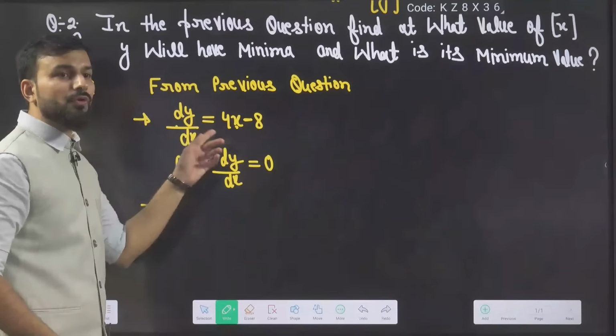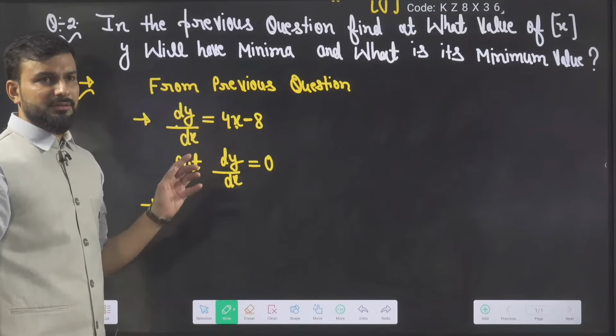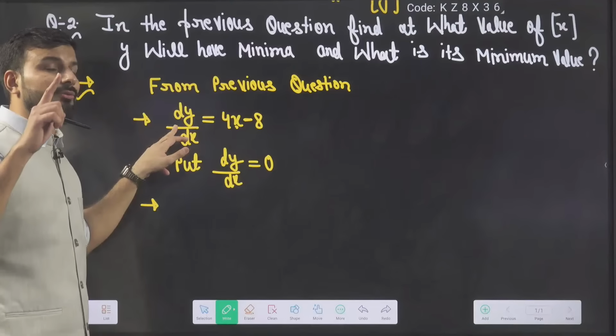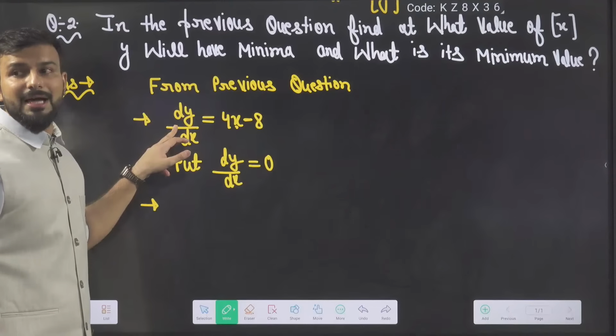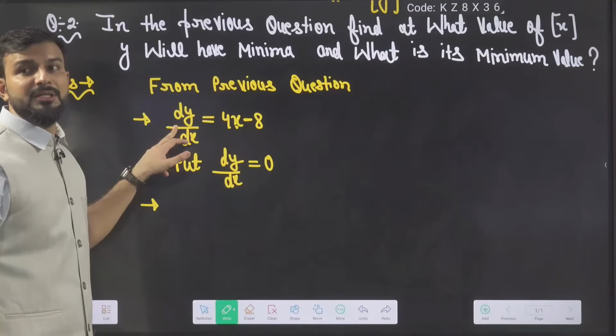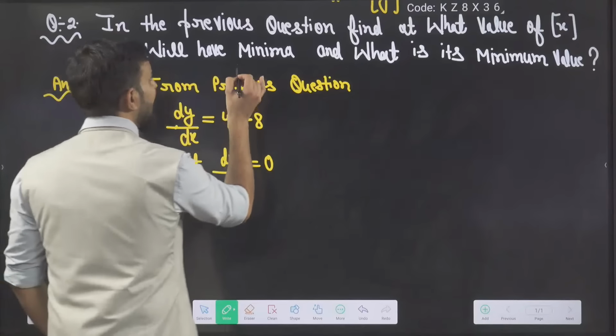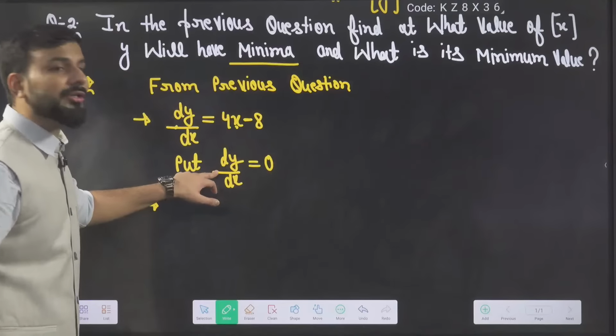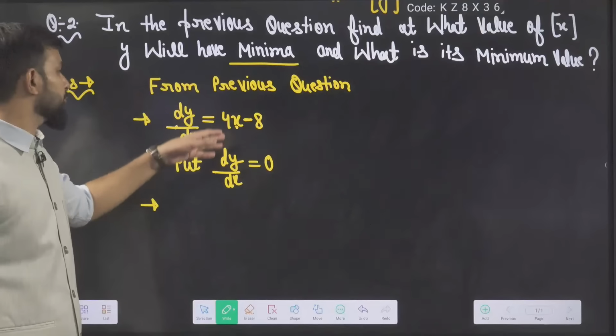But I want to find the point where this slope is 0. Yesterday I taught you that dy by dx has to be 0 when the function will have minima or maxima. So that is why we put dy by dx equal to 0.